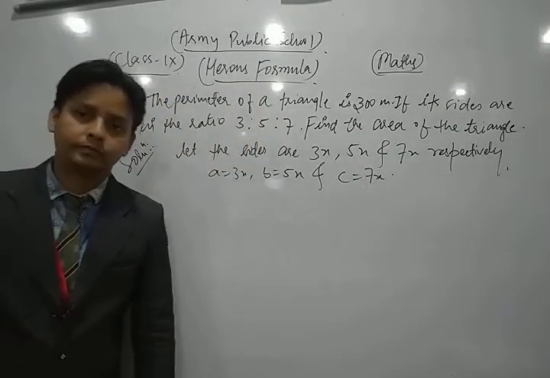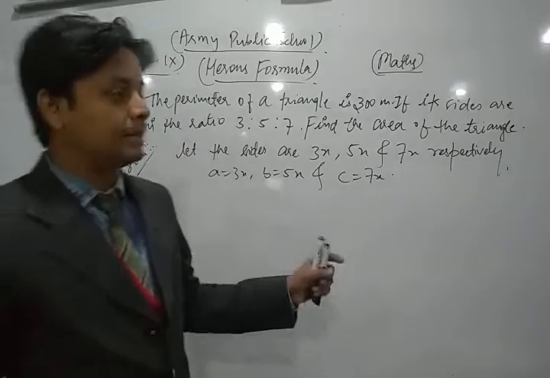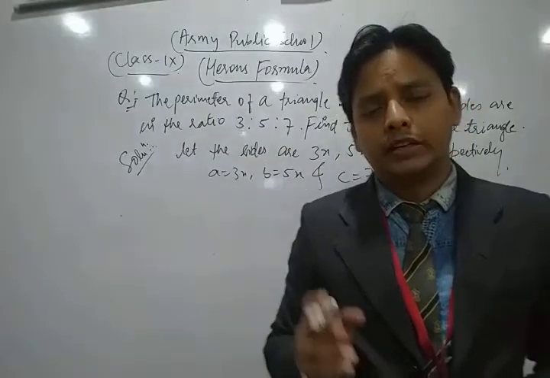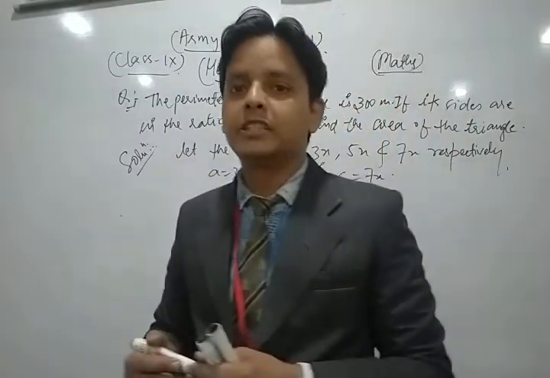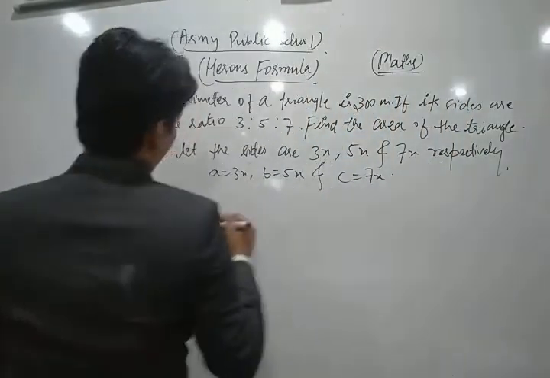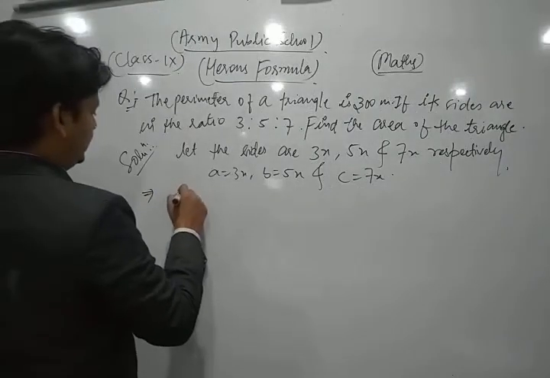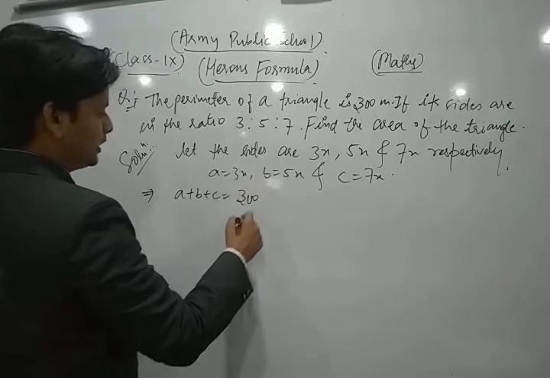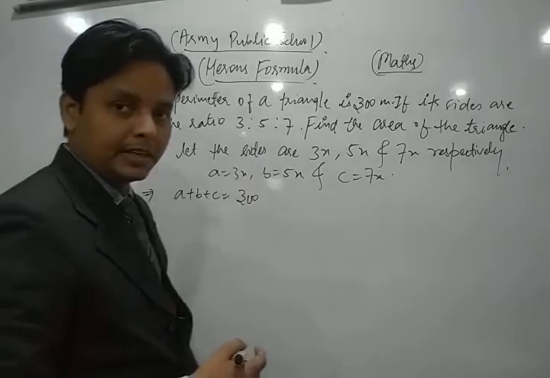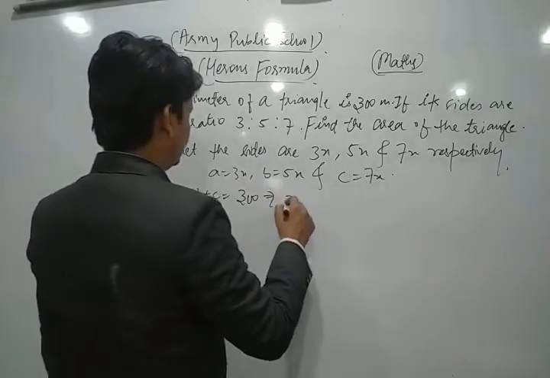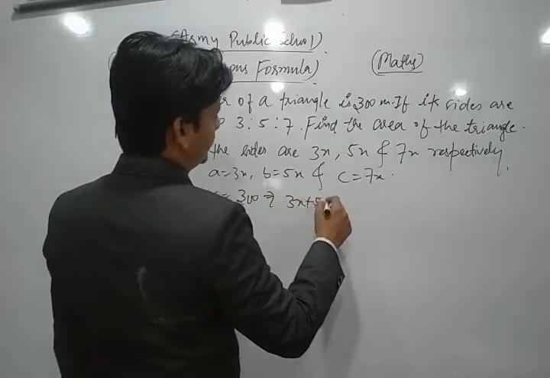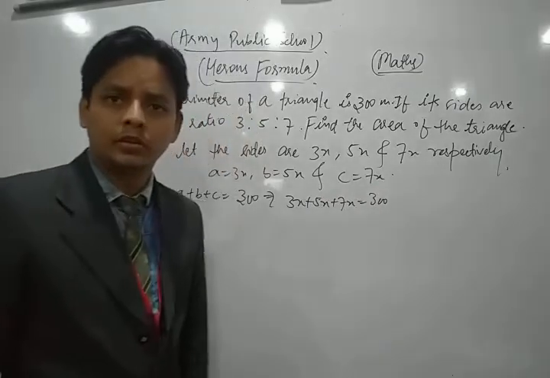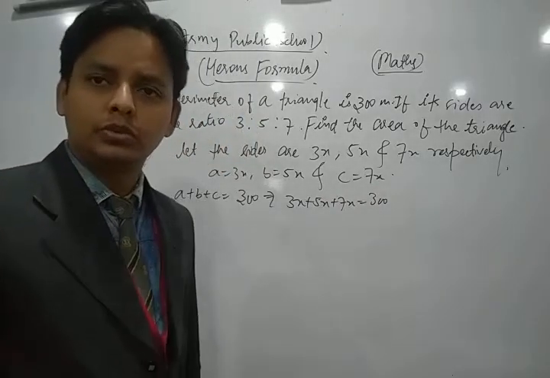Now the perimeter of the triangle is given, and you know that the sum of all sides of any geometrical figure is known as its perimeter. So A plus B plus C is 300 meter. Putting the values of A, B and C, we get 3x plus 5x plus 7x is equal to 300.